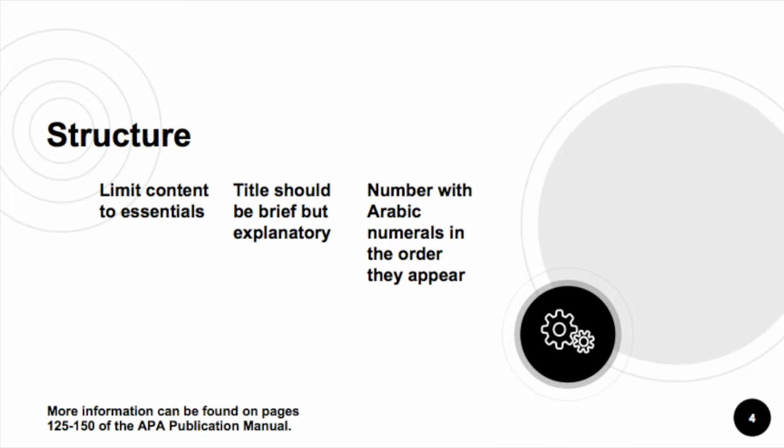For example, your first table would have a 1 by it, your second table would have a 2, your third table would have a 3, and so on. You don't want to put, for example, a table that has 6A, 6B, 6C. This is inappropriate, and you should put all of this information into one table.